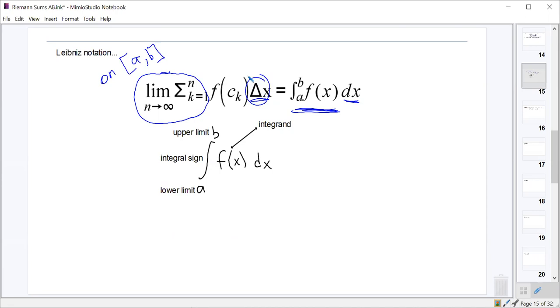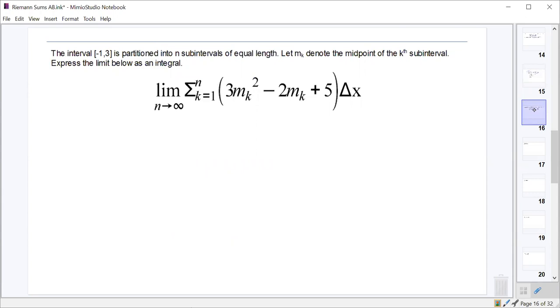You'll see on the next page how we go from this notation and where this lies and turn it into this notation. So let's do that real quick. We've got an interval from -1 to 3 that we've partitioned into n subintervals of equal length. We've got m sub k as the midpoint of the kth subinterval, remembering that the kth subinterval is just some arbitrarily chosen subinterval.